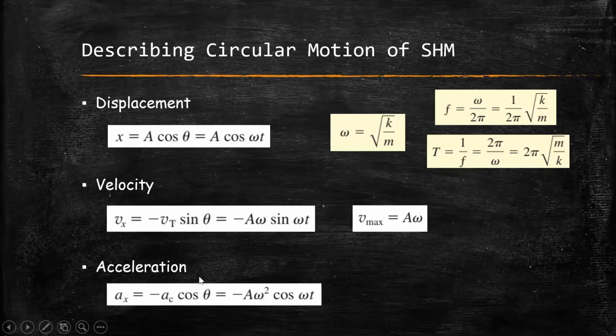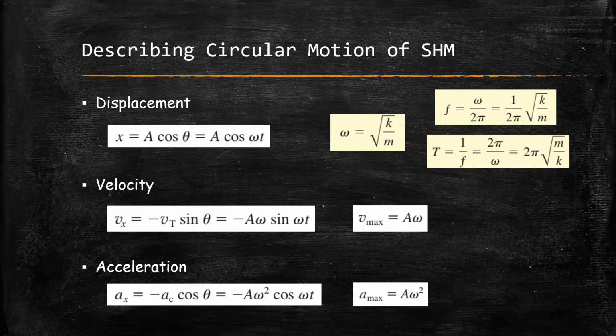And in terms of acceleration, we have this formula, which is equal to negative amplitude times the square of the angular frequency times the cosine, wherein the angle is the product of angular frequency and time. And for the maximum acceleration, we have the formula amplitude times the square of the angular frequency.